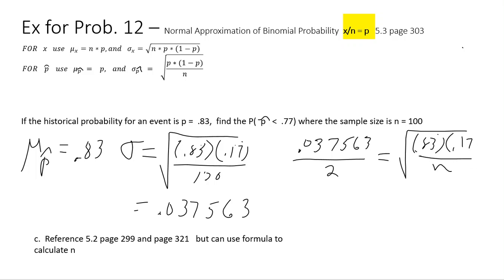You solve this equation for n, and you will end up with n equals 400. So there's two ways to work this problem out, but this is the other way you can find n if you want to change the value of the standard deviation by half, so you want to make a smaller standard deviation. I hope you find this helpful for solving this problem and several of the other problems. Thank you.